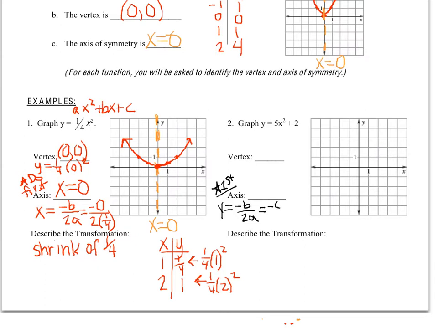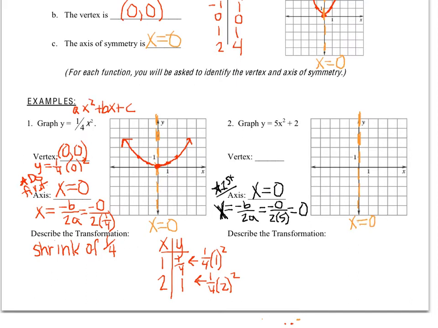So it's the opposite of 0 over 2 times 5. Well, that's 0 over 10, which is just 0. So my axis of symmetry is x. It should be x, not y. x equals 0. There's my axis of symmetry, and I'm going to draw it on my graph.